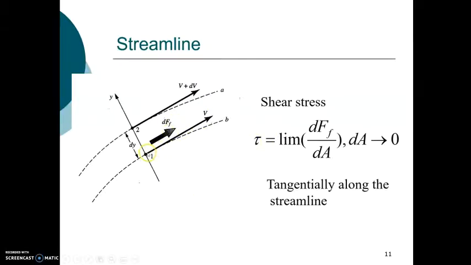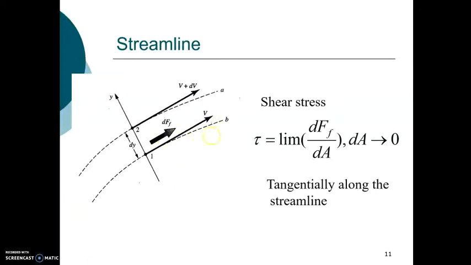On this streamline, the flow velocity is v, and just above it, the flow velocity is slightly higher, v plus dv. Because of the difference in flow velocity, there is some velocity gradient which gives rise to some friction between the streamlines, and where there is friction, there is also shear stress.